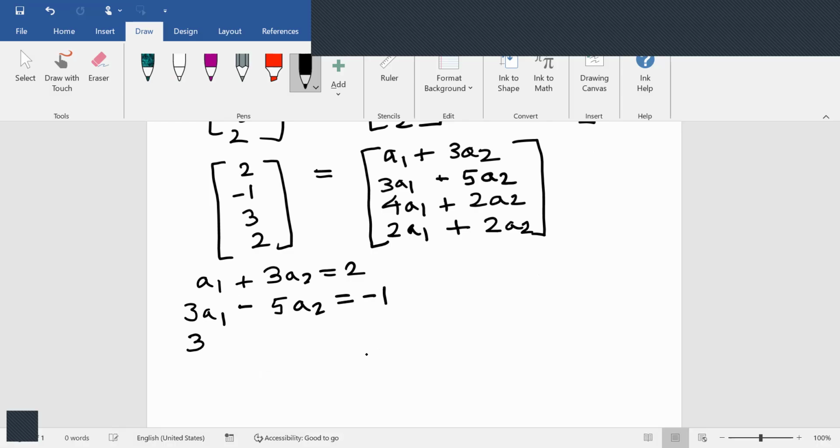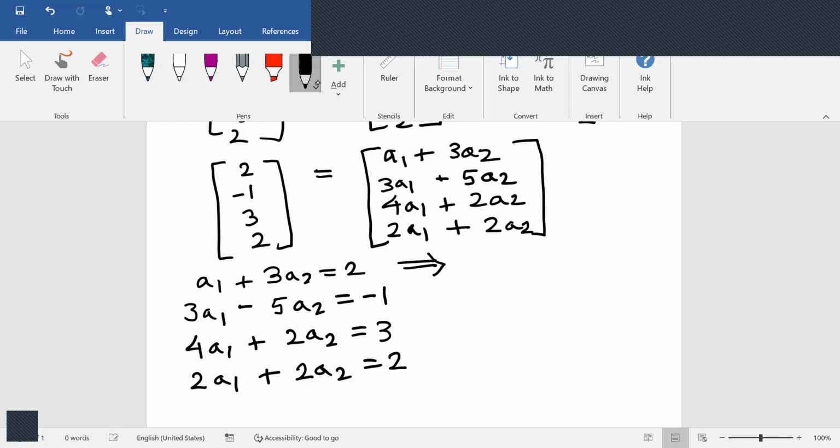Then 4a1 plus 2a2 is equal to 3. Then 2a1 plus 2a2 is equal to 2. Now I'm going to solve this. From the first equation, we can write a1 is equal to 2 minus 3a2.